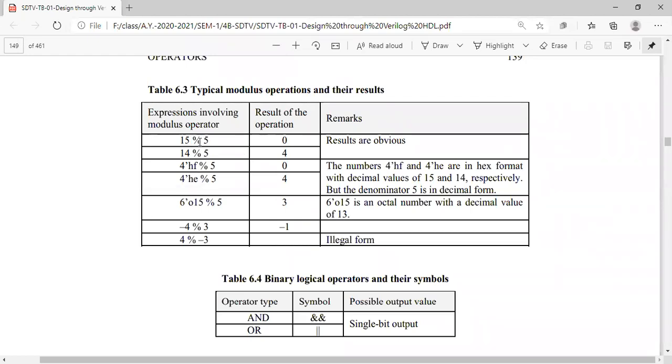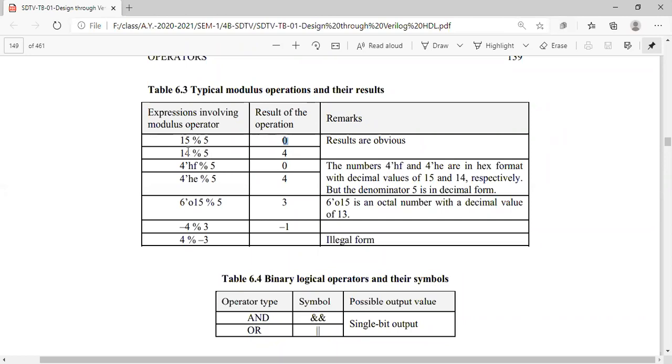See here, 15 percentage 5. 15 is perfectly divisible by 5, generally 5 threes are 15. So automatically we are going to get a remainder of 0. That is the result it is going to give.